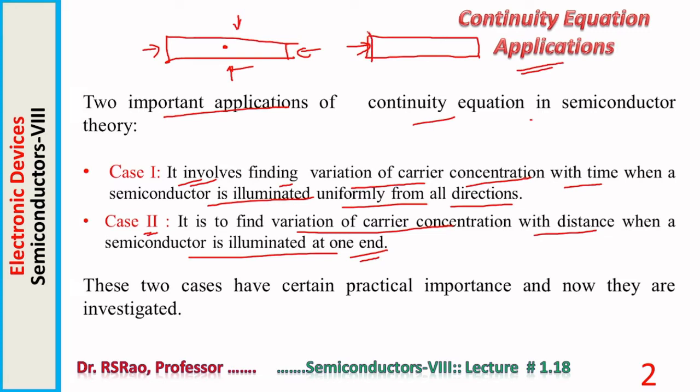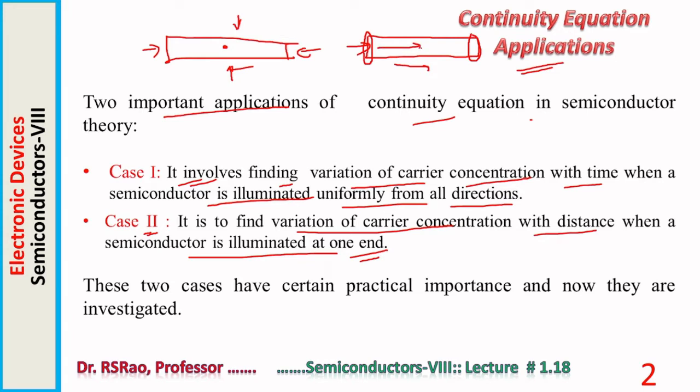So only at this end, electron-hole pairs get generated, concentration increases, and this increase at one end leads to a concentration gradient in the slab, because at this end more carriers are there, at the other end fewer carriers. So the concentration gradient leads to diffusion.